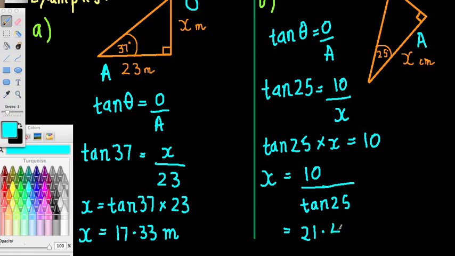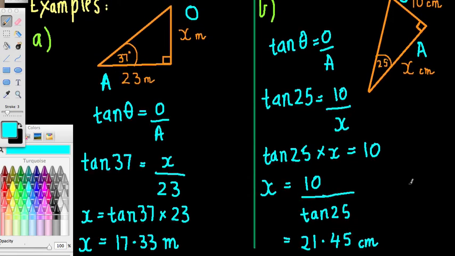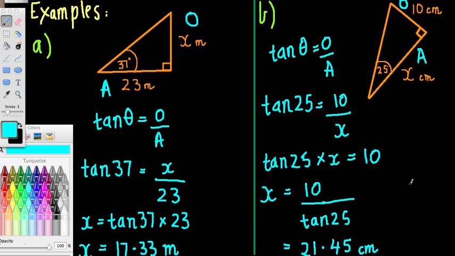If I want to round to 2 decimal places, that 44 must actually become 45 because the next number is a 5, and that obviously means that this one will round up. Have a look, it's centimetres. X in this case is 21.45 centimetres. I'll zoom up a little bit again so that you can pause here and put this example as well into your summary books.